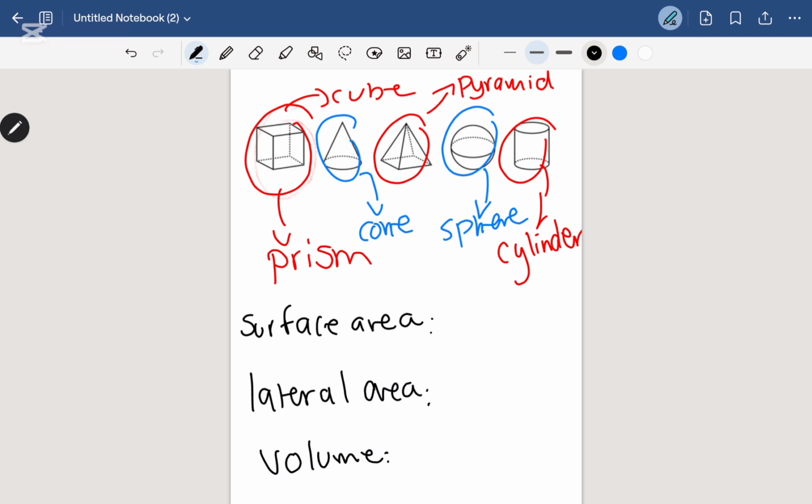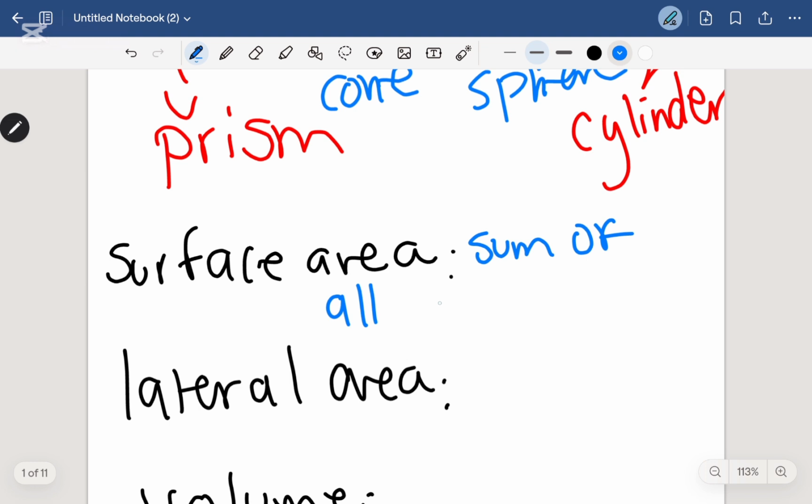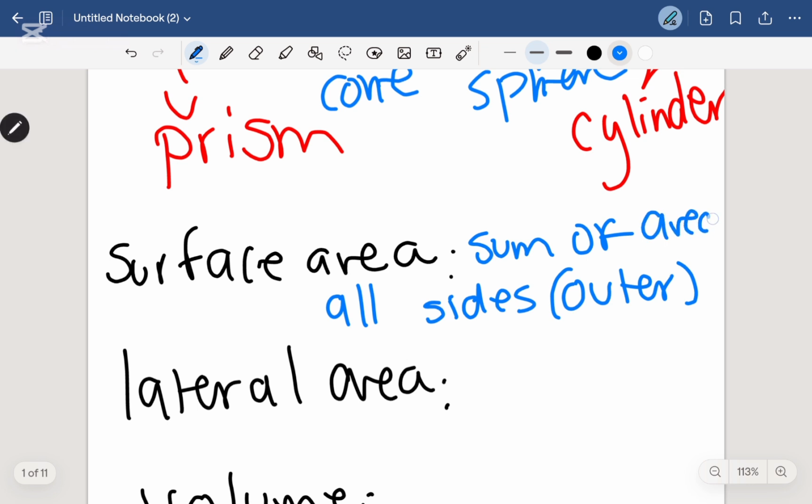Okay, very simply, surface area, in my definition and what I found in the book and on resources online, is the sum of all sides. We're talking about the outer part. So the surface area of an object is the sum of the area of all sides.